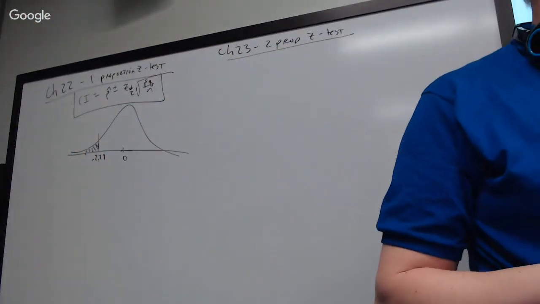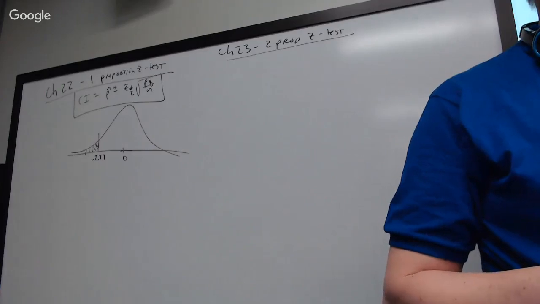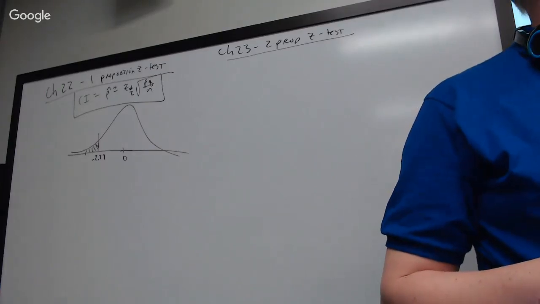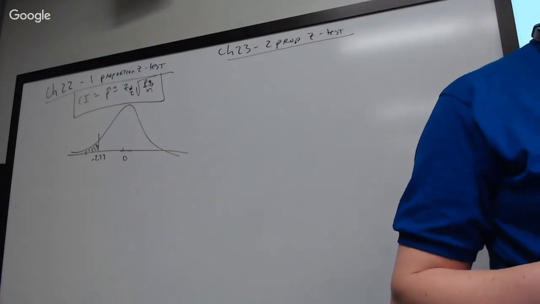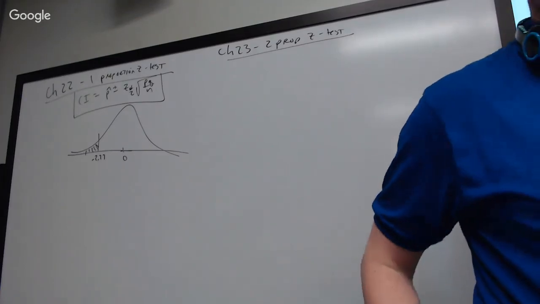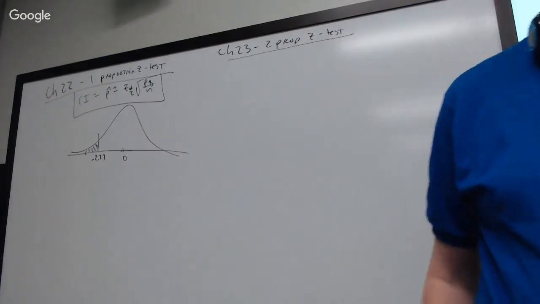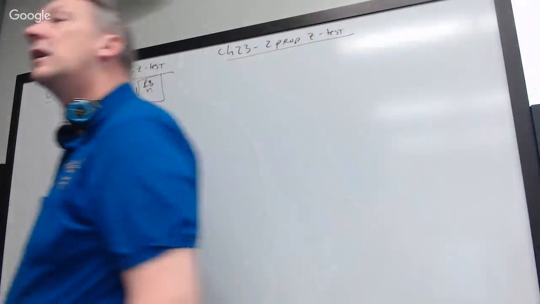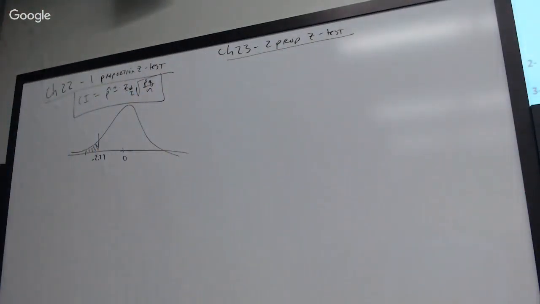On the equation sheet, it says P hat 1 minus P hat 2. That's for two proportions. Is it alpha over 2? Alpha divided by 2, yes, that's correct.